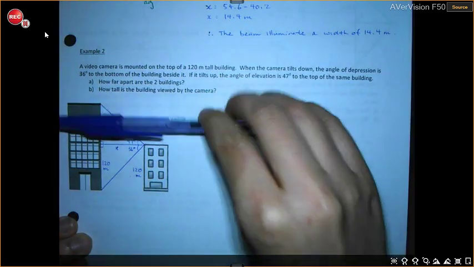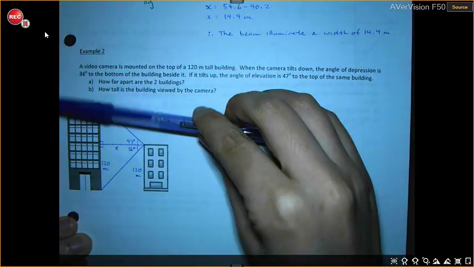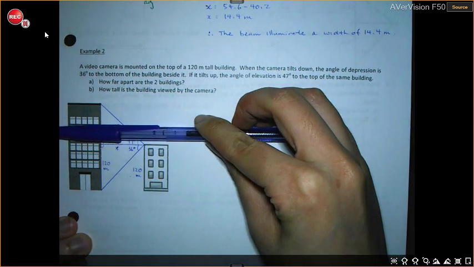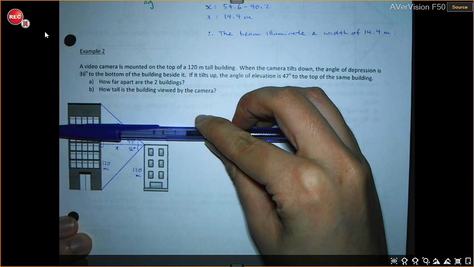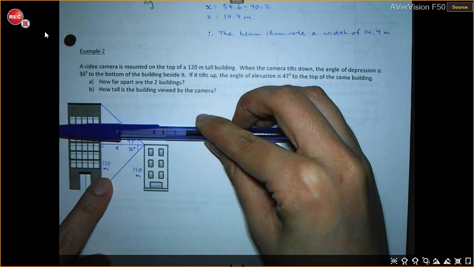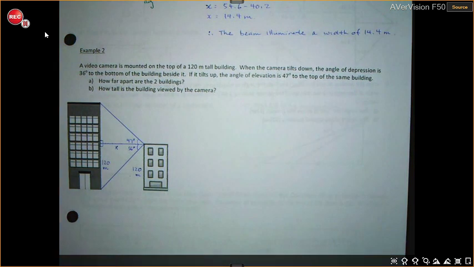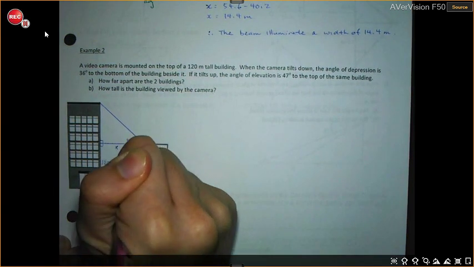Now, in order to find x, we have more information in this triangle, so we're going to solve using this triangle. Do we have enough information to solve? We have the reference angle and a given side, so we can find another side. This would be the reference angle.